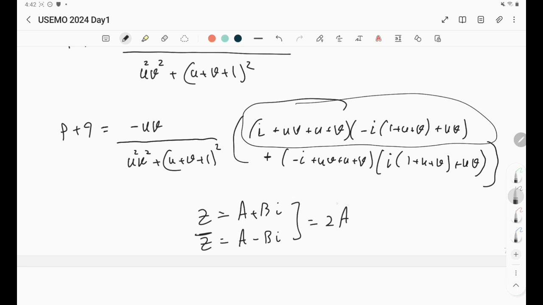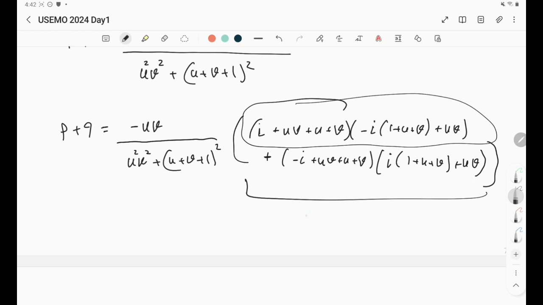So you immediately just write 2 times... How do we get rid of I here? What terms get rid of I?